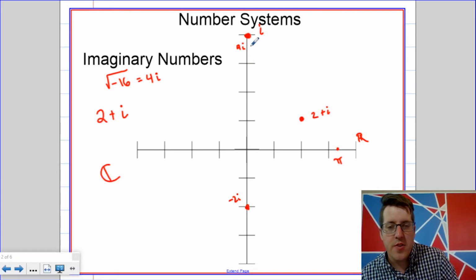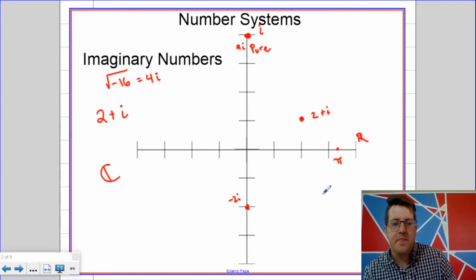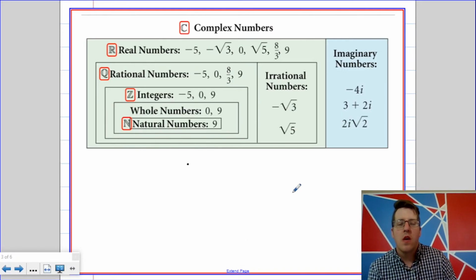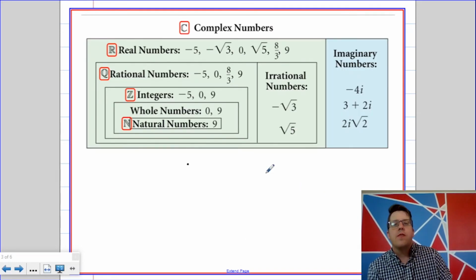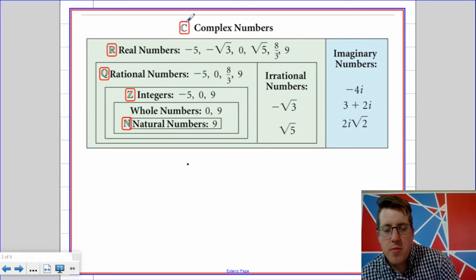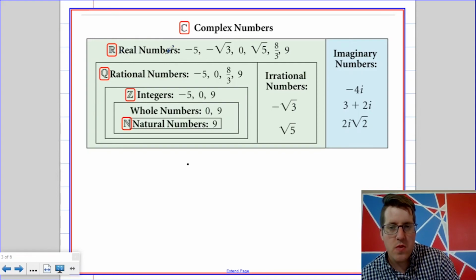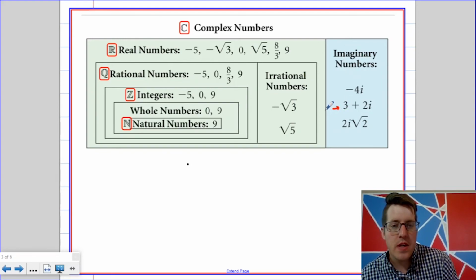The ones that don't have a real part are called pure imaginary numbers. All of these fit under the complex numbers. So the complex numbers include the real numbers and the imaginary numbers. An imaginary number can have a real part, but it cannot also be a real number.